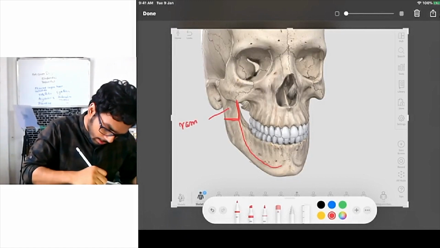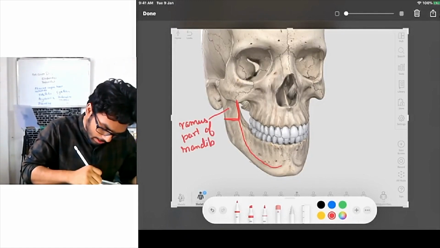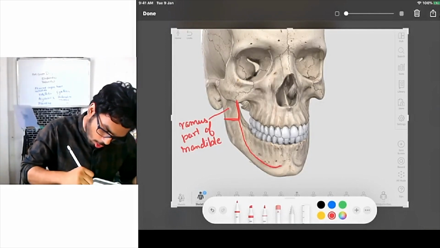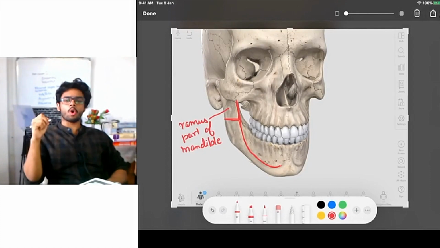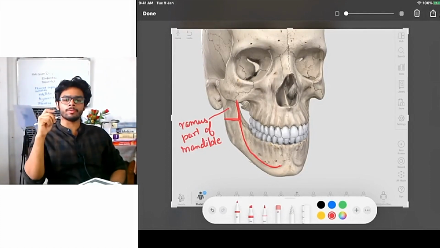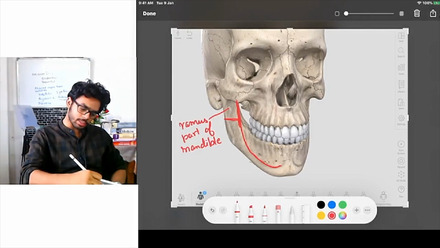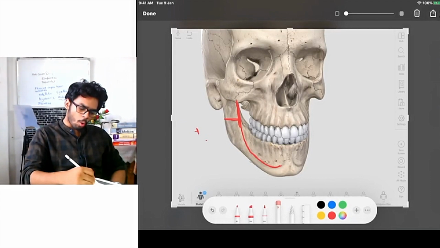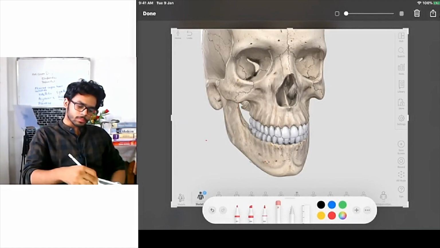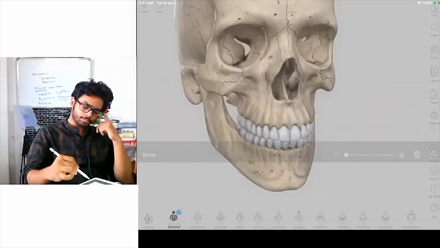The external oblique line runs from the mental tubercle to the anterior border of the ramus. Can you see the anterior border of the ramus? Am I clear?